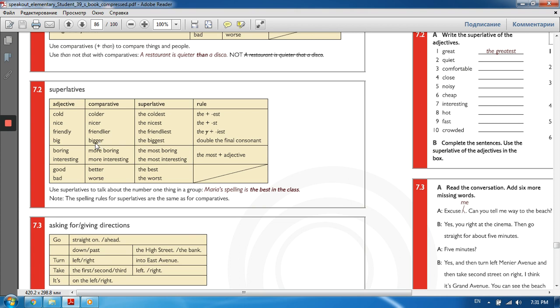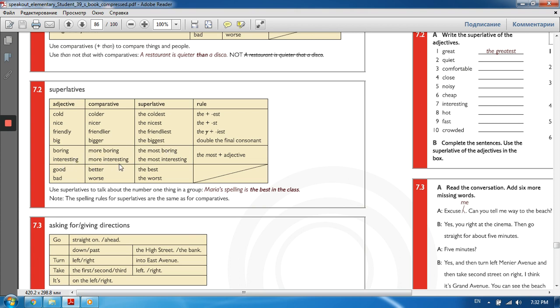And now we pass to the next one, longer adjectives. Boring and interesting are long adjectives. We add more in front of the words in the comparative degree and the most in the superlative degree. Boring, more boring, the most boring.